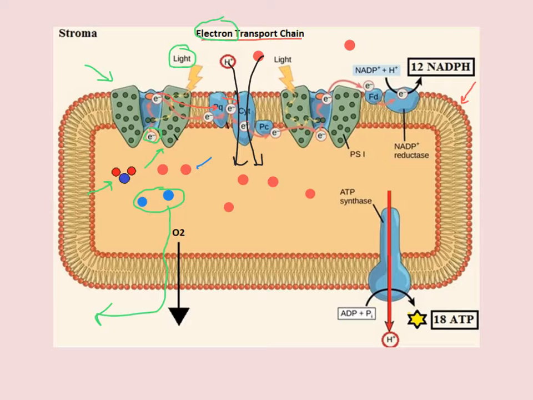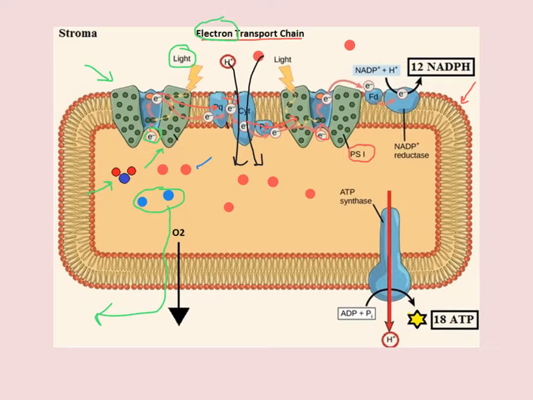Now back to the electron. The electron gets passed to another protein called plastocyanin. You won't need to know that. And then passed to this other protein structure called Photosystem 1. Here, energy from the sun re-energizes those electrons. It gives them more energy again.